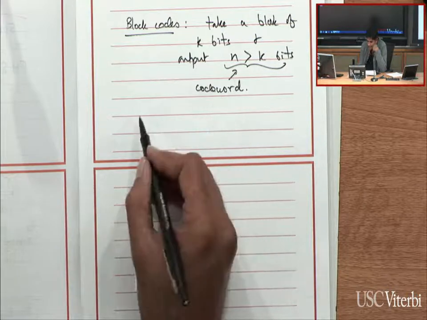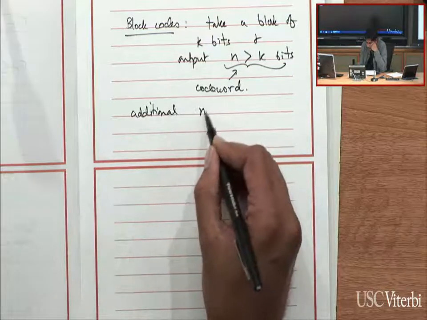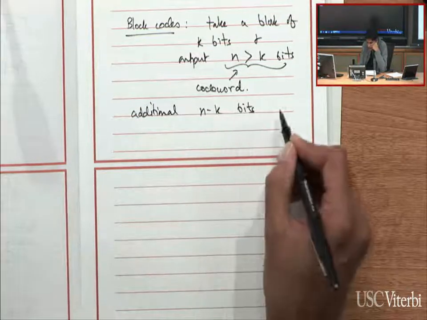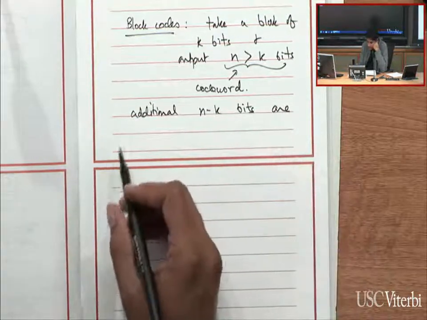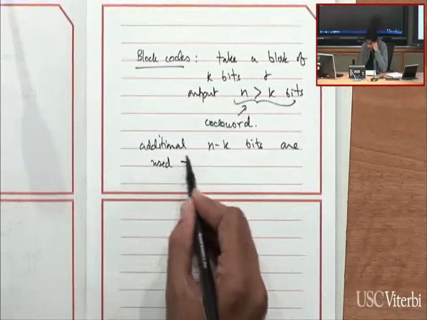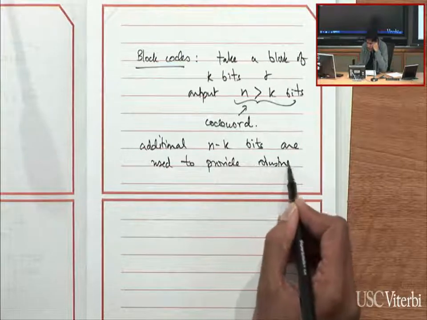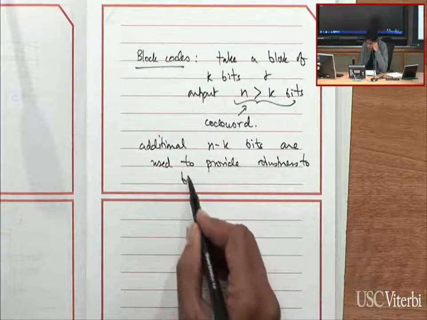The idea is that the additional n minus k bits are used to provide robustness to bit errors.